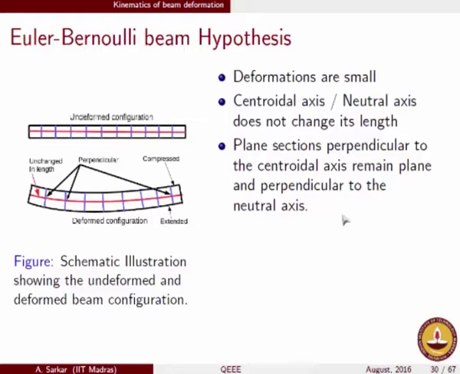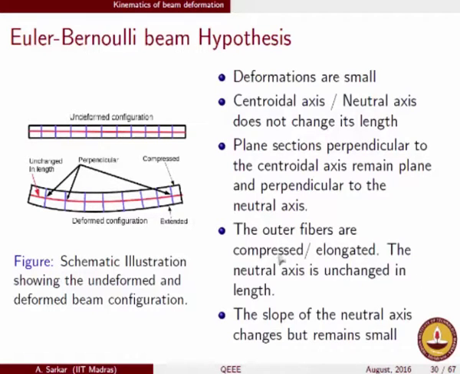This is again a very important analysis feature, and as you may see in a higher course, as the thickness of the beam increases, some of these assumptions do get violated. So that is why we said that this theory is applicable wherein the thickness of the beam is small in comparison to the length.